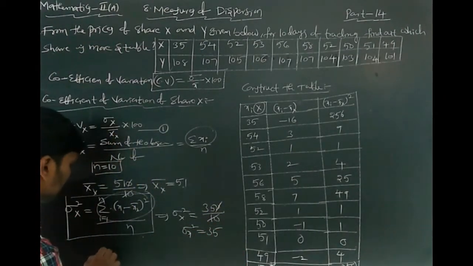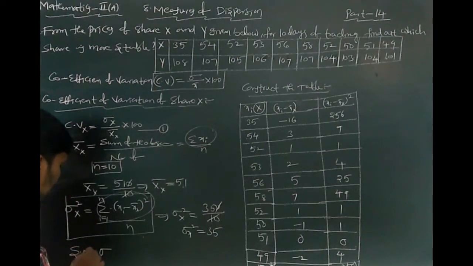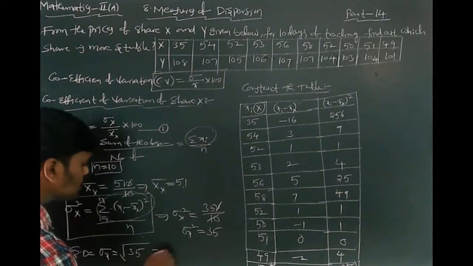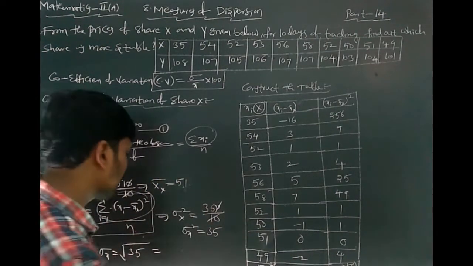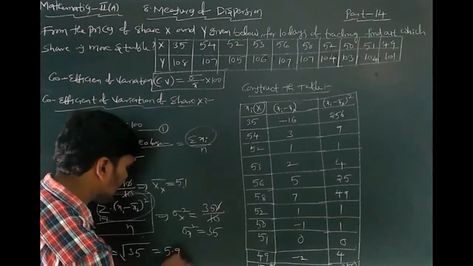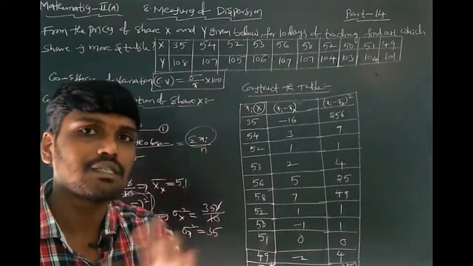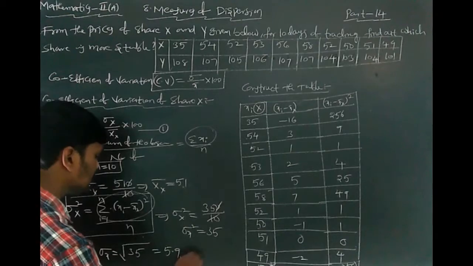After that, you can find sigma, that is the standard deviation. Sigma X equals square root of 35. The square root of 35 is approximately 5.9 something, since the square root of 36 is 6. This is the sigma X value.